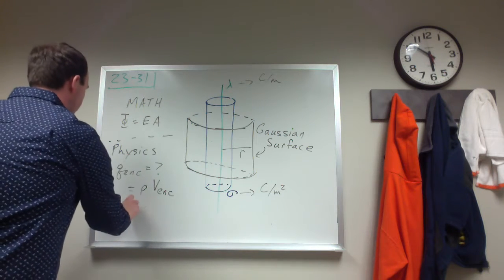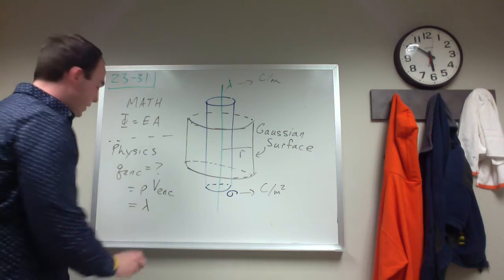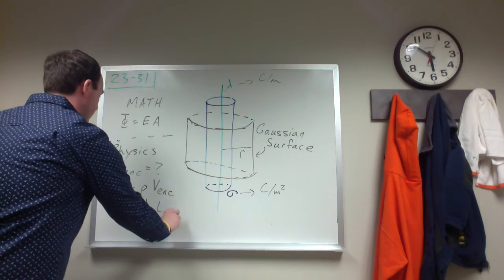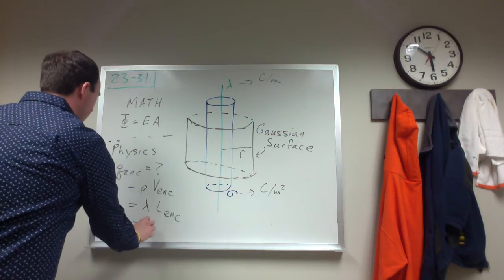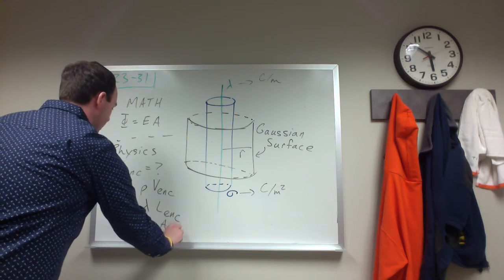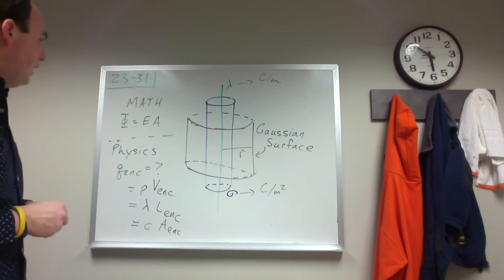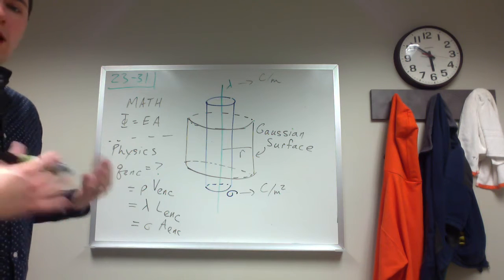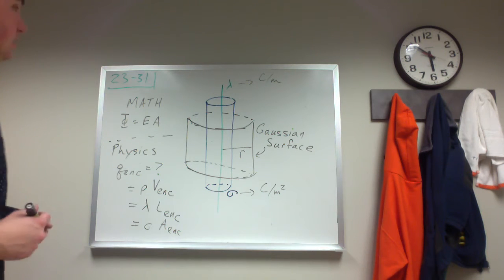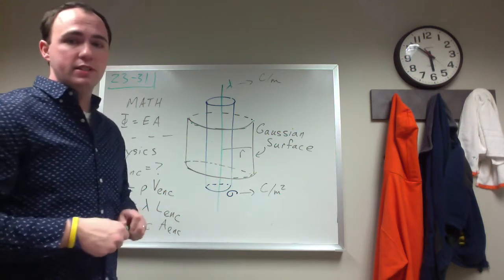Here we have either a linear charge density, so you'd have lambda times the enclosed length, or an area charge density, so you'd have sigma times an enclosed area. For each of those cases, you have to figure out how you would calculate based on that. So start with Gauss's law from scratch and do the physics side there.